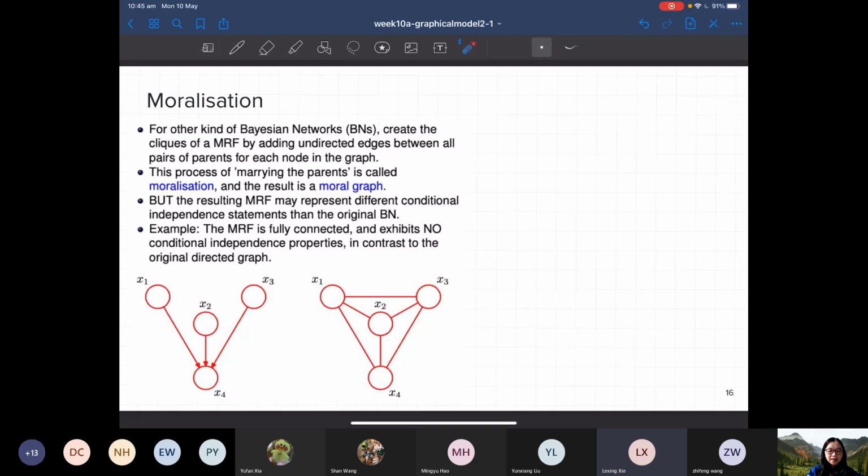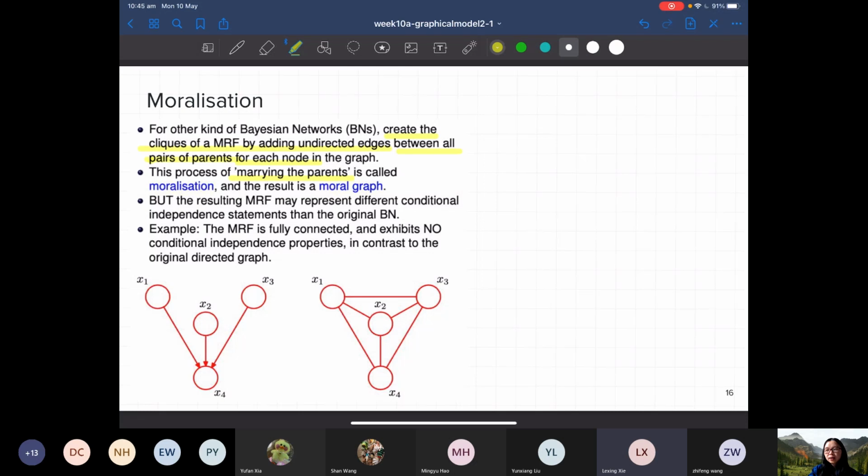It's called moralisation because, given a Bayes net, we create the cliques for a Markov random field by adding undirected edges between all pairs of parents for each node in the graph, right? It's called moralisation because we are so-called marrying the parents.